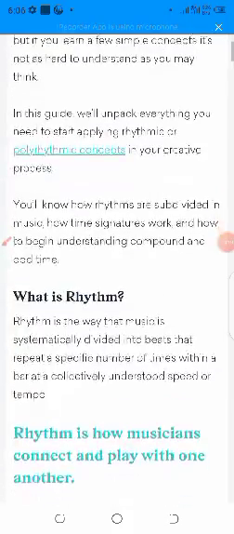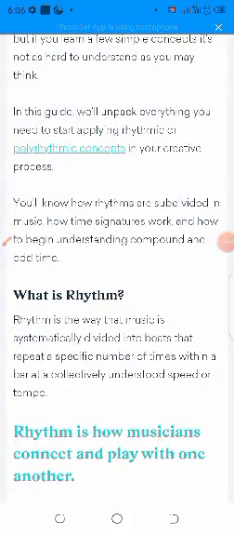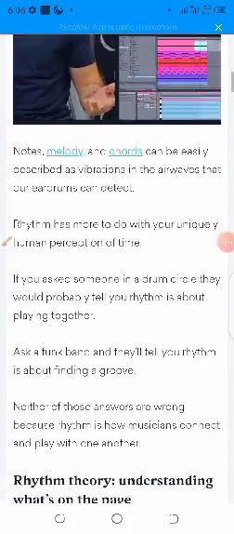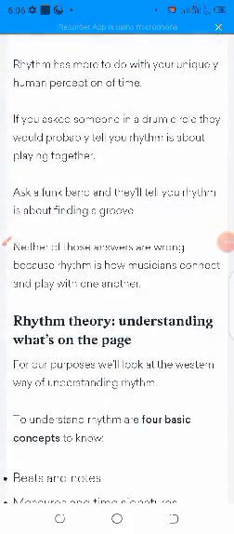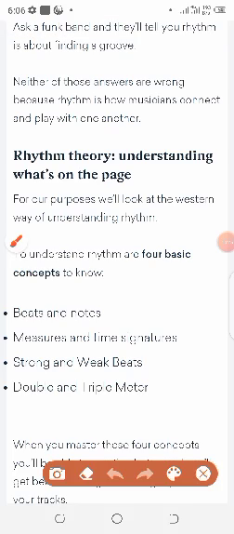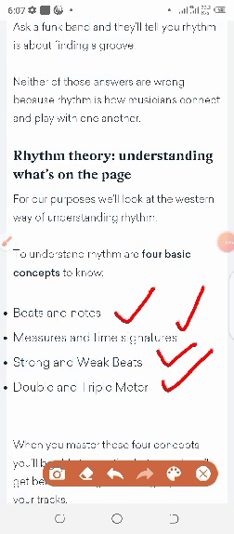So you can read up all this and not bother about theory because you are not writing an exam. We need to understand the following concepts when we are talking about rhythm: beats and notes, measures and time signature, strong and weak beats that I've just explained, double and triple meter.